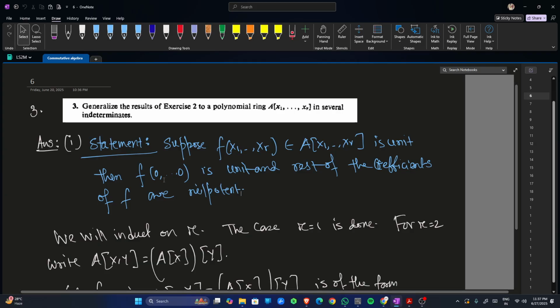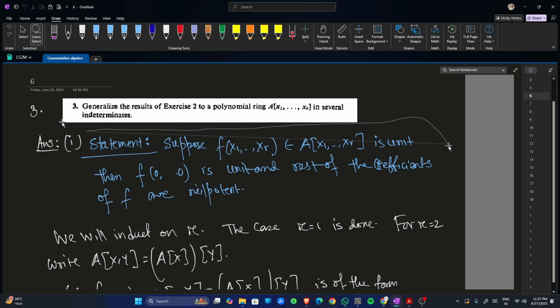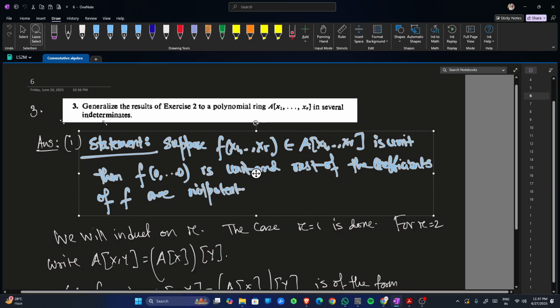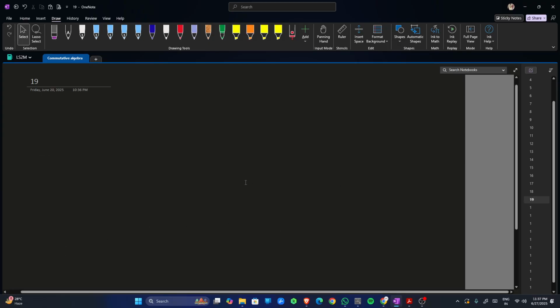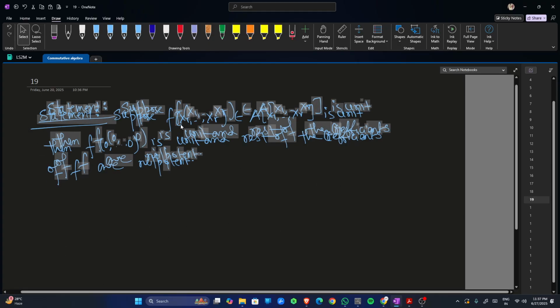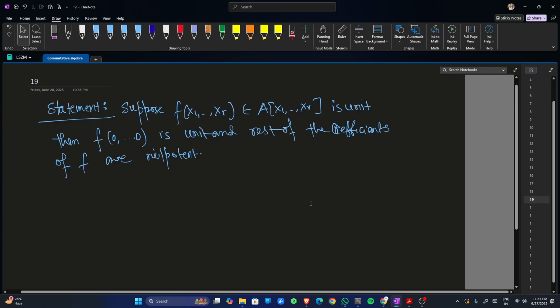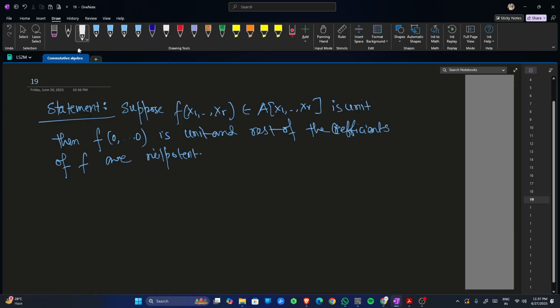So we generalize the statement for part 2 as follows. We just copy it and paste it. This gives our generalization statement.